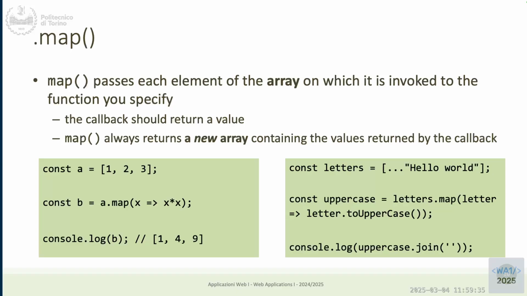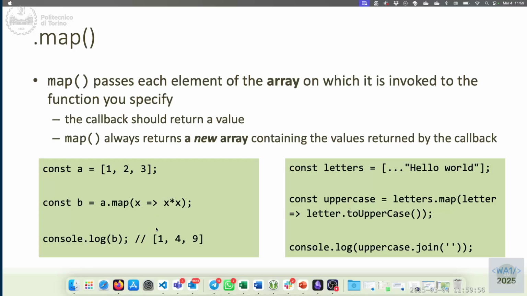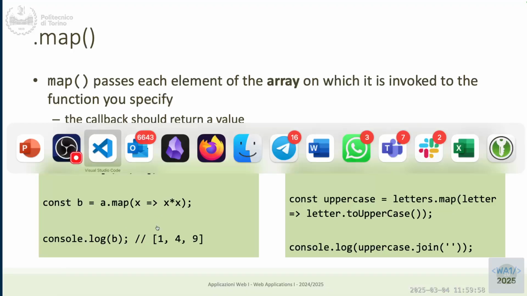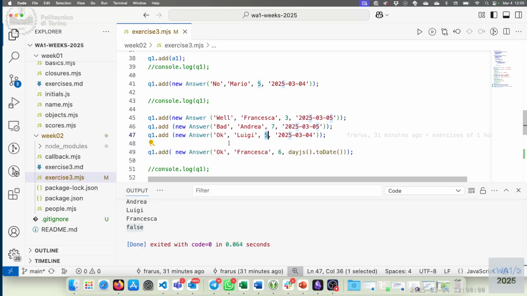Map takes an array and builds a new array with the same number of elements by transforming each one of them, each element, with a given rule given by the callback. Okay? So imagine I was caring about the names of the answers.